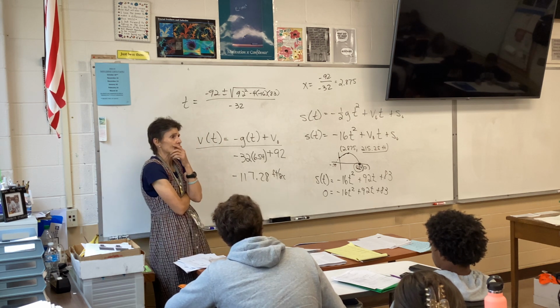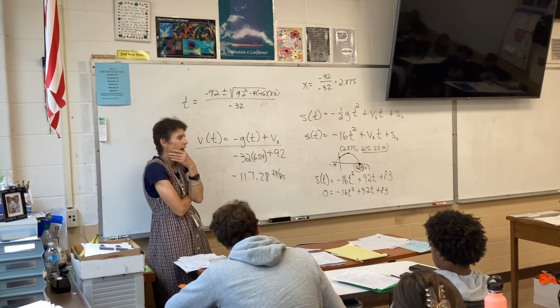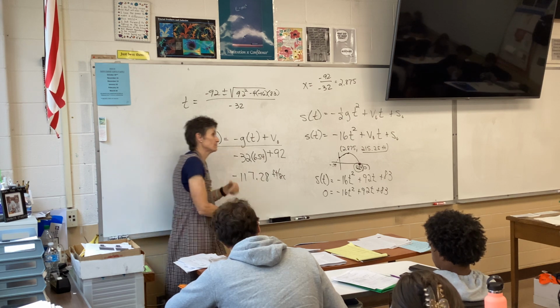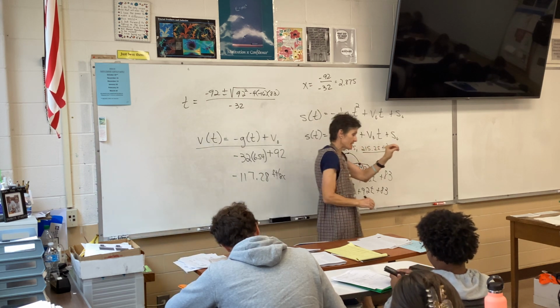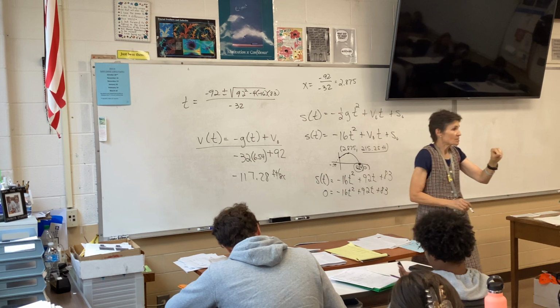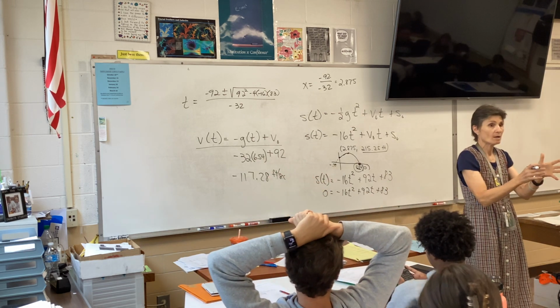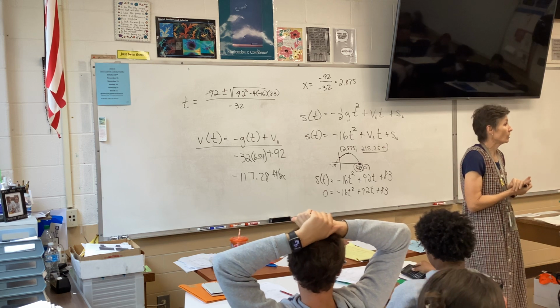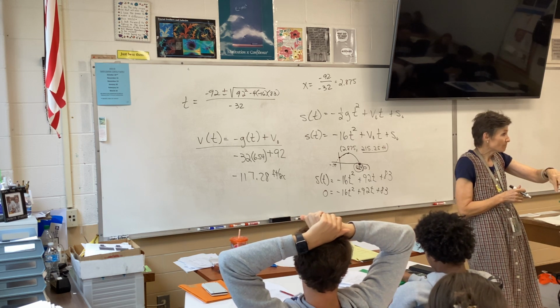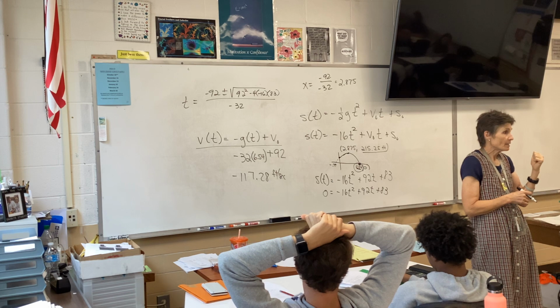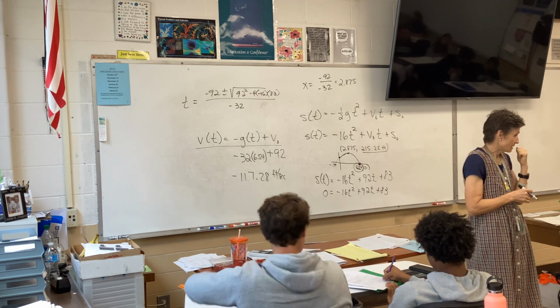Does that make sense? Yeah. Why? Going down. Going down. Velocity is directional. Speed is not. Speed is just a scalar, just a number. But velocity is directional. If you're going down or going left, your velocity is negative.